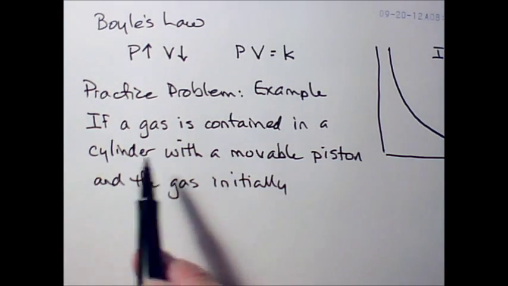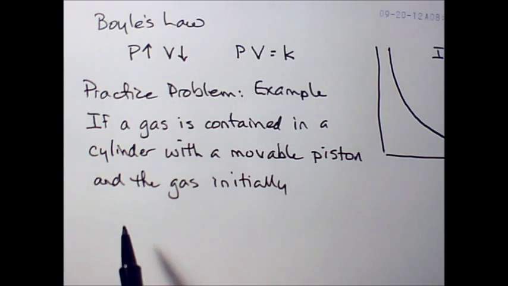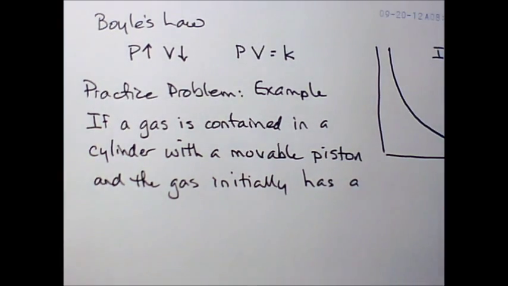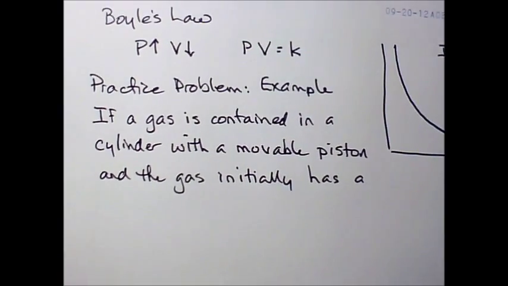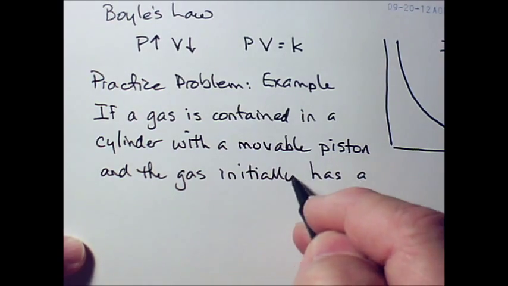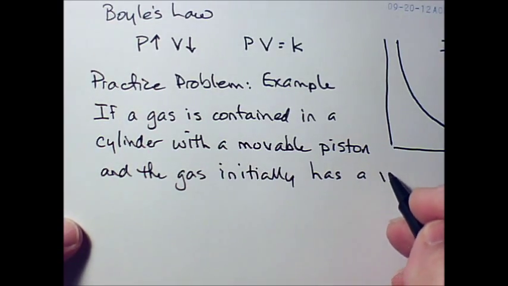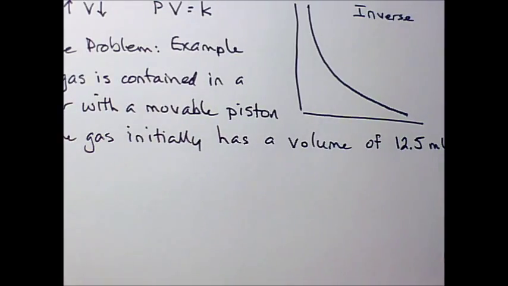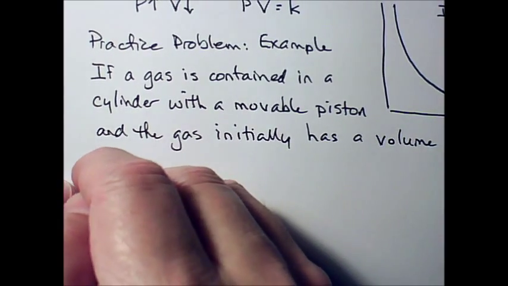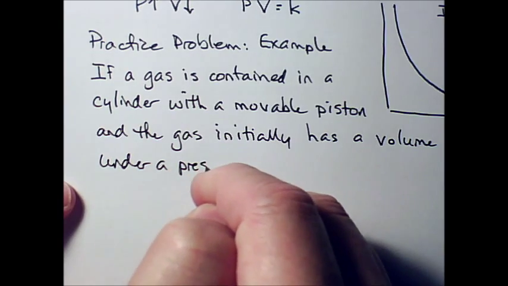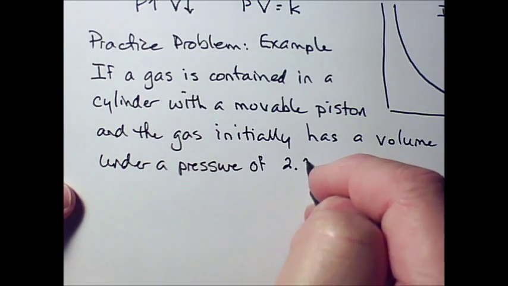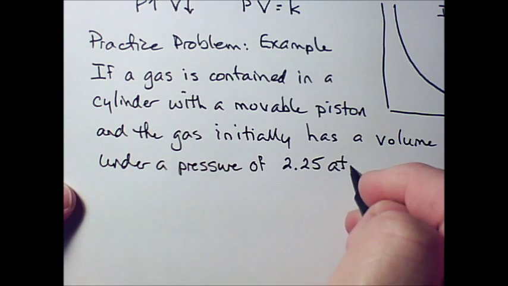So our example is: if a gas is contained in a cylinder with a movable piston and the gas initially has a volume, since I lowered this, we must adjust the focus here a bit, initially has a volume of 12.5 milliliters, under a pressure of 2.25 atm, small letters ATM.